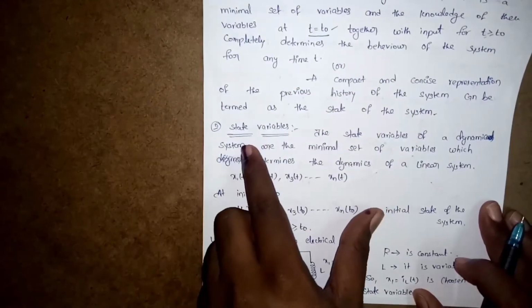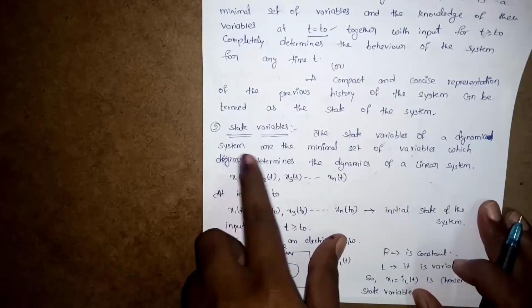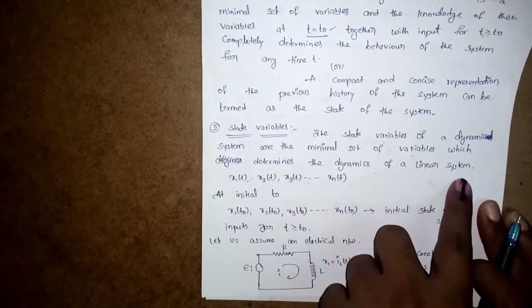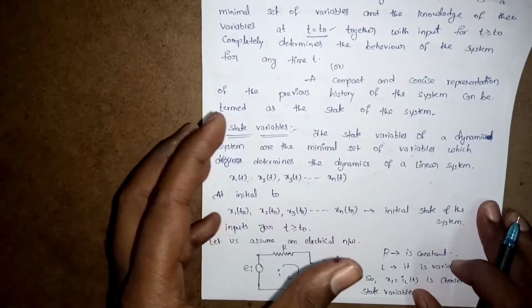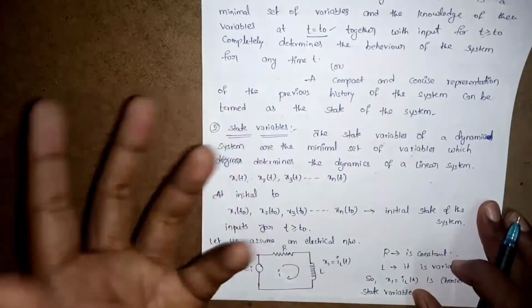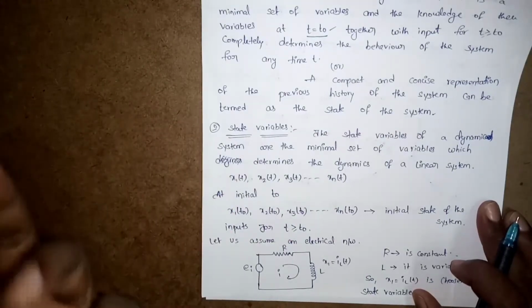Once again, you have to see clearly: the state variables of a dynamic system are the minimal set of variables which determine the dynamics of a linear system. State means the previous history of the system, which can be termed the state of the system.